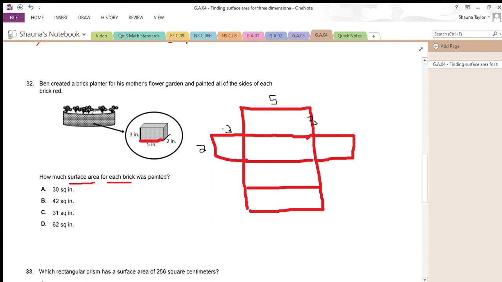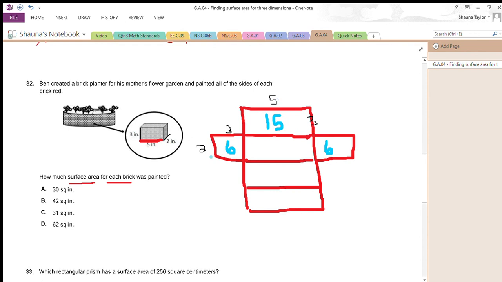Okay, so let's work it out now. So length times width. All of these are length times width. So 5 times 3 will give you 15. So let me go get a bigger pen. So this one's 15. And 3 and 2 are 6. So I know these are 6. But let's see, if this is 5 and that's 3.